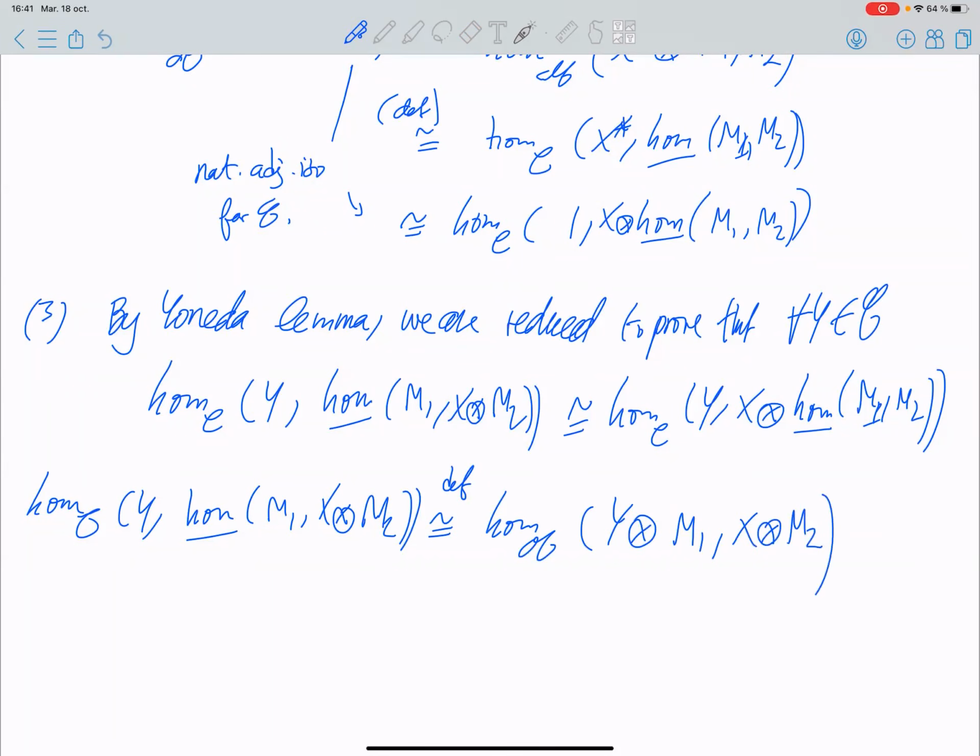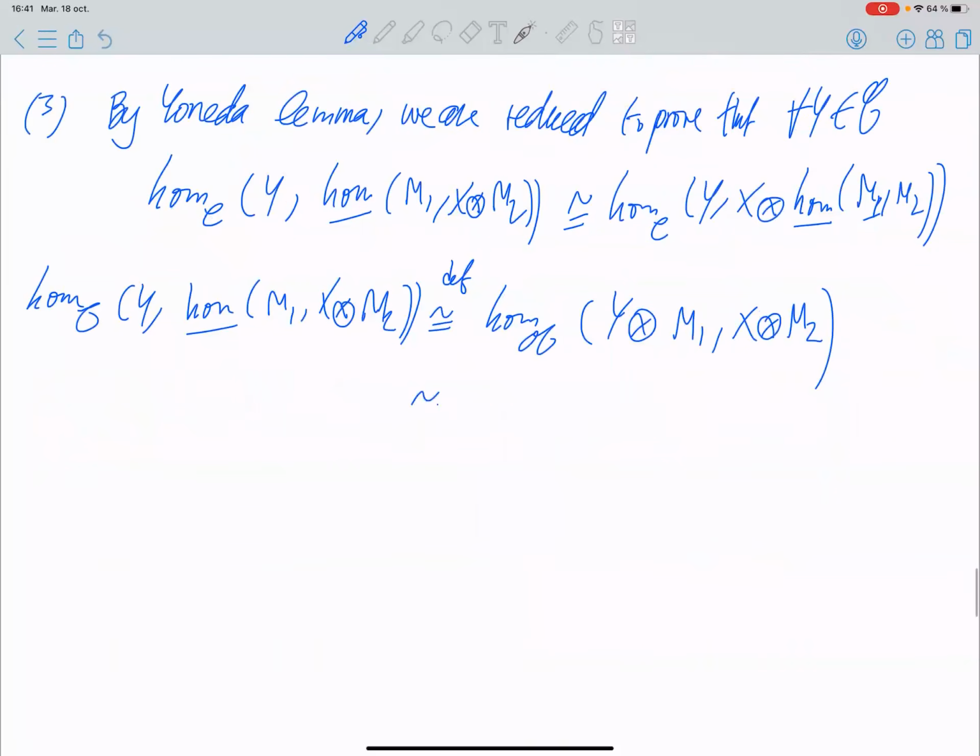Okay. Then you apply the natural adjunction isomorphism for the C module M. Natural adjunction isomorphism for M. And you put the X on the other side.